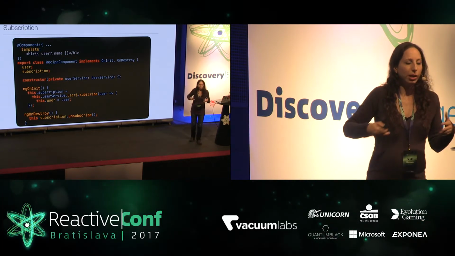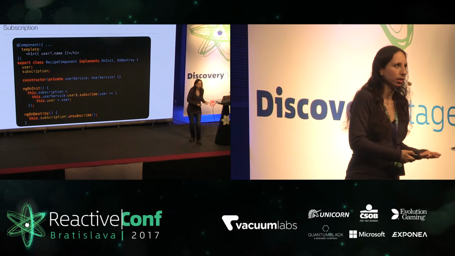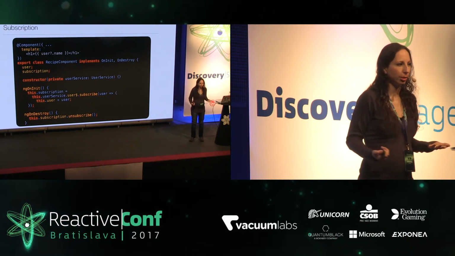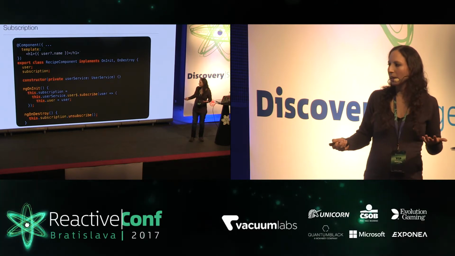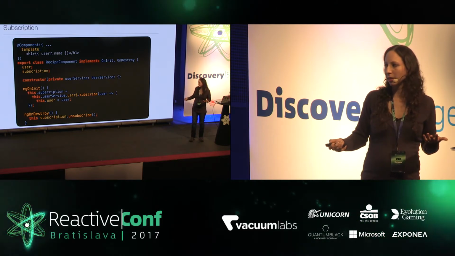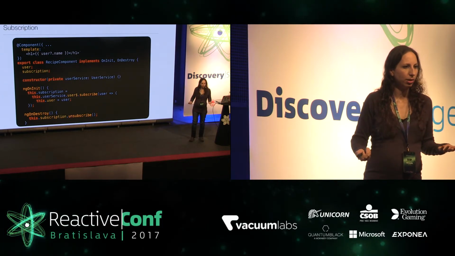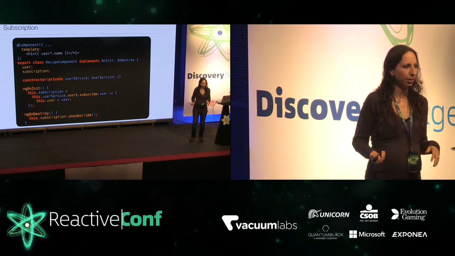And as long as there is at least one subscription, then you get the data and do something with it. Okay? But the thing is that the subscription will keep living until you unsubscribe from it.